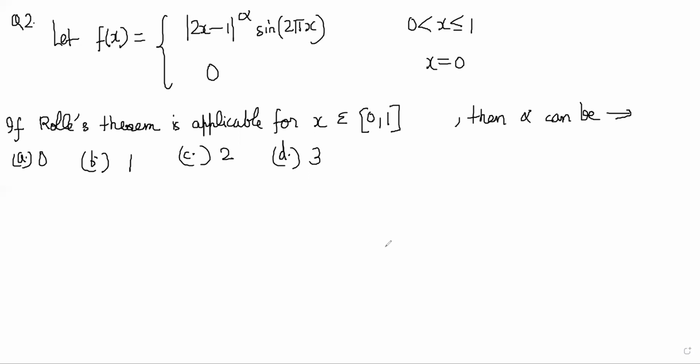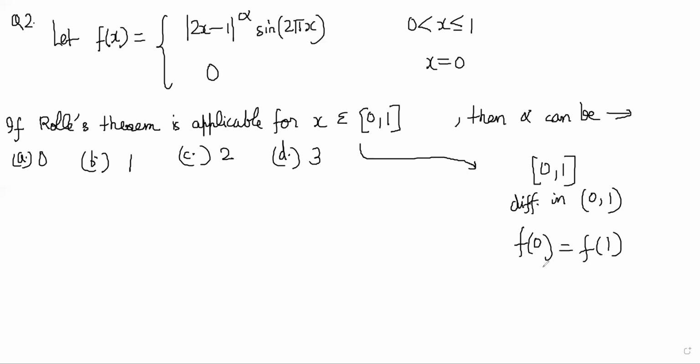So Rolle's theorem is applicable means what? What is the condition for Rolle's theorem to be applicable? The function should be continuous in 0 to 1 closed, and it should be differentiable in 0 to 1 open, and f of 0 should be equal to f of 1.